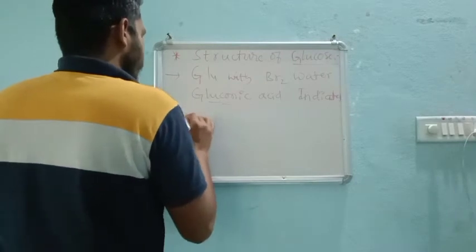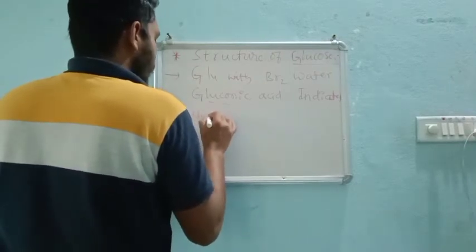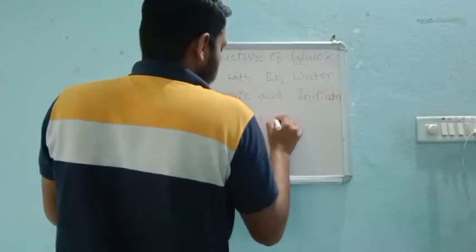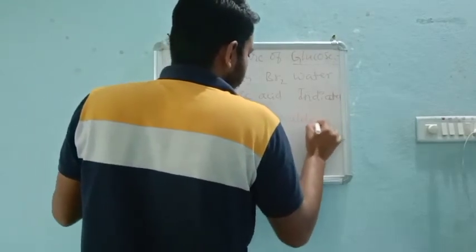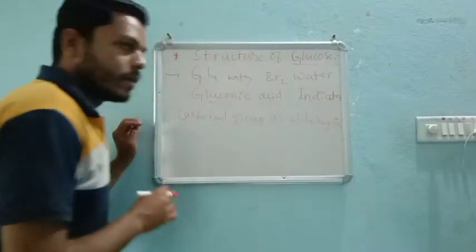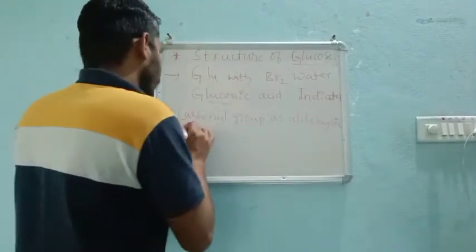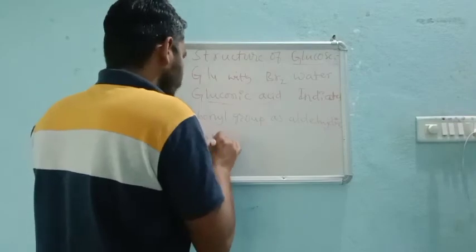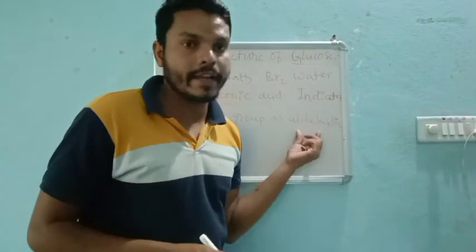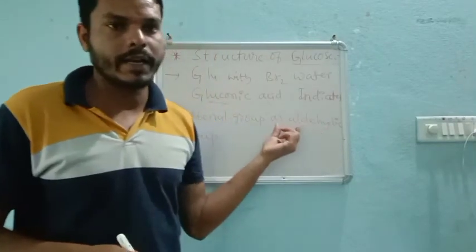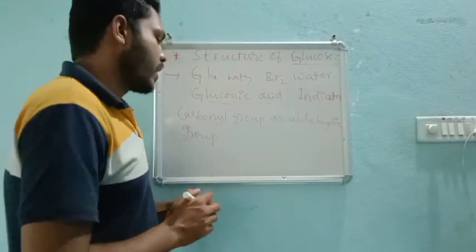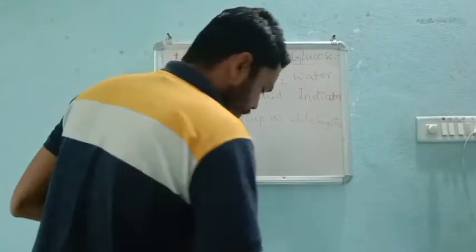It indicates the carbonyl group as an aldehyde group. That means the carbonyl group is there, but it is present as an aldehyde, in the form of CHO. So this is an aldehyde carbonyl group, and we will see a reaction for this.